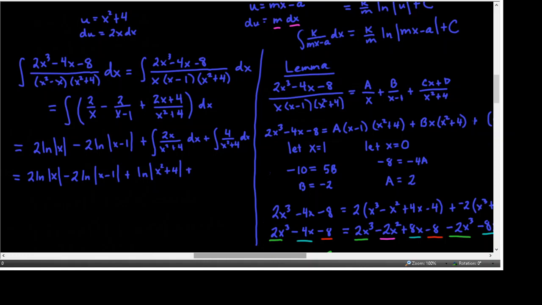Plus, this next one, if I pull the 4 out, I hope that you would recognize this. This is one of your basic 20 that you're supposed to know how to do. So I've got to copy the first part again, so I didn't go straight to the answer yet. There we go.